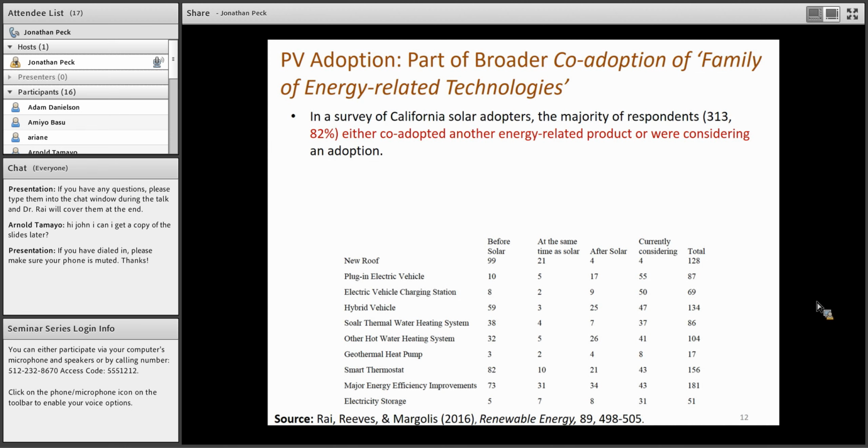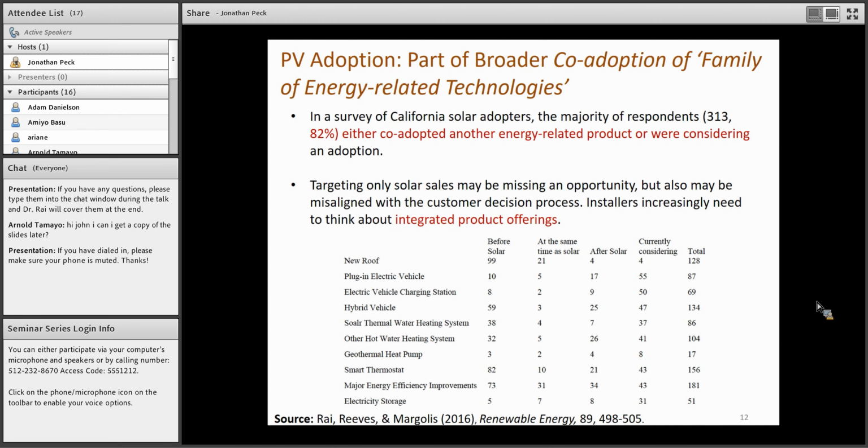But in terms of soft costs and customer acquisition, I think one of the interesting implications of this is that targeting only solar cell sales may actually be missing an opportunity, but actually it might even be misaligned with the customer decision-making process. When they are going solar, it is not just going solar, it's probably part of a bigger home improvement plan.